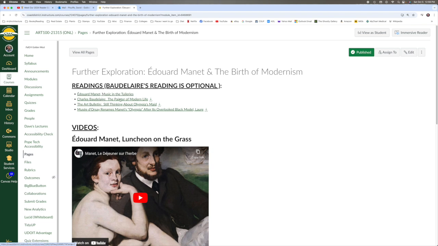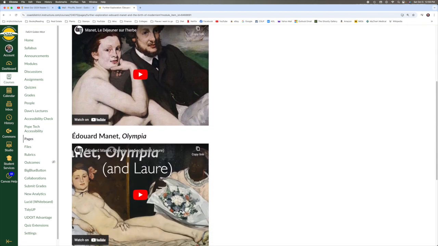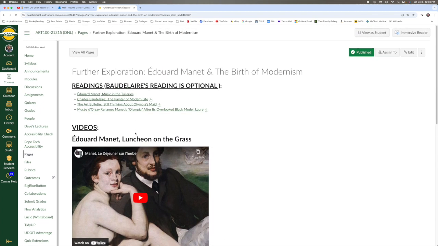This is an optional reading, the Baudelaire's Painter of Modern Life, but I would try to read a page or two of it just to give you an idea of what it's like. And then the last two deal specifically with Laurie, who is the maid in Olympia. She's a fairly famous model that Manet would use in his works.